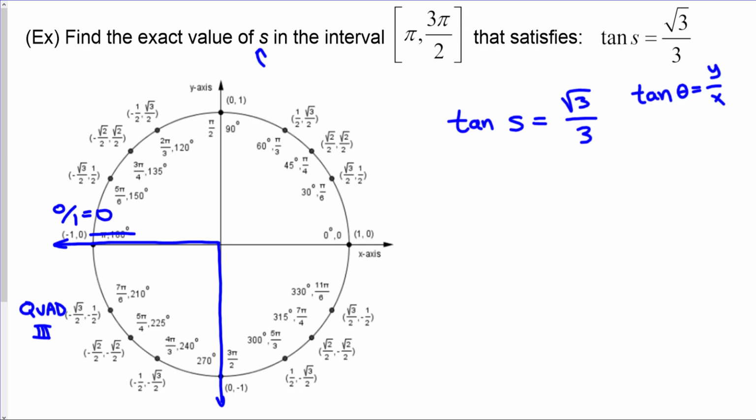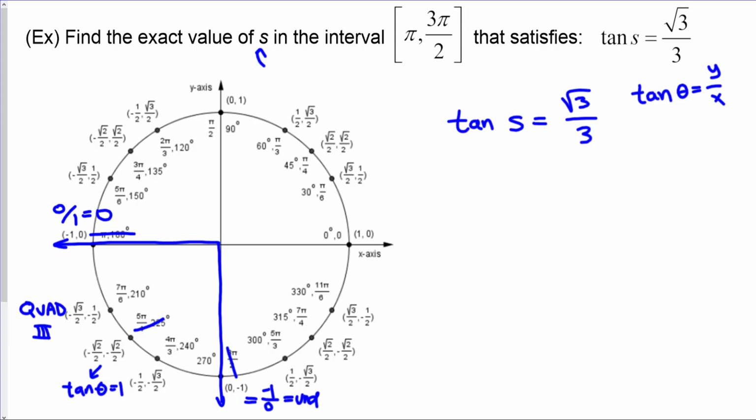I can also rule this one out as well, because y over x here would be negative 1 over 0, which is undefined. So, not that. In the 5 pi over 4, if the x and y values are the same, the tangent of that angle measure is equal to 1, because anything divided by itself is just 1. So it's not that one either. So it's going to be either 7 pi over 6 or 4 pi over 3. Let's figure out which one it's going to be.